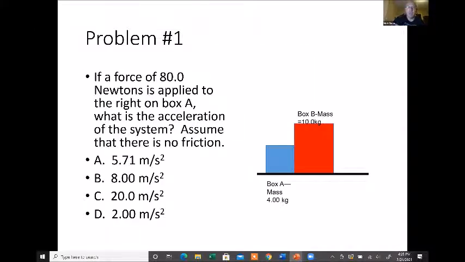We've got a force of 80 newtons being applied this way. There's no friction. If there's no friction, that 80 newtons is a net force, right? It's a net horizontal force. That net force is acting on what? What is that 80 newtons acting upon?